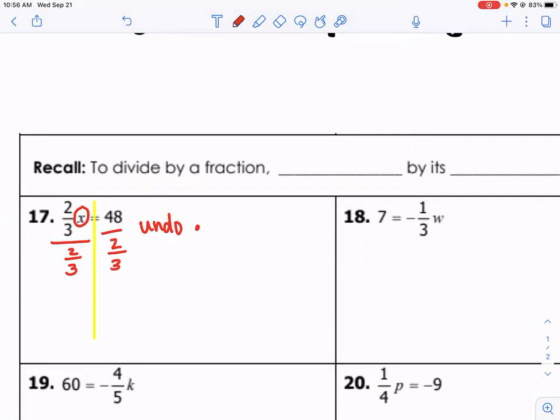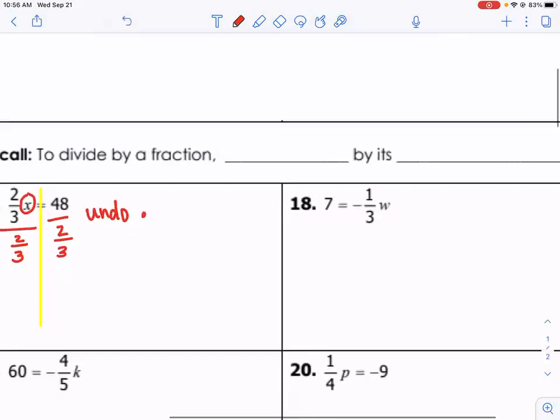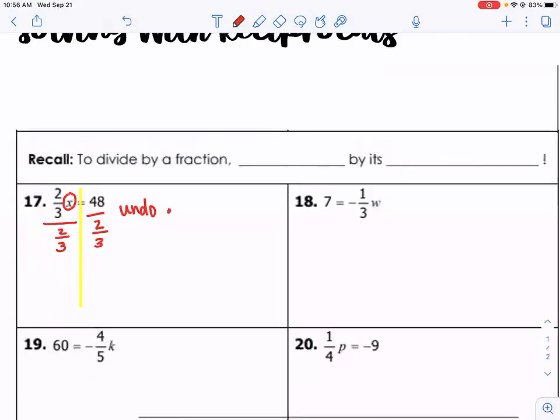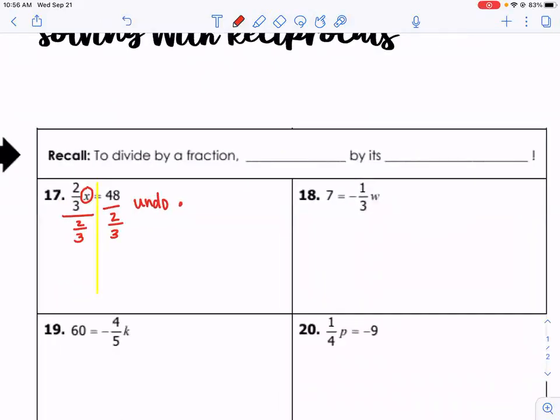What? I'm dividing both sides by a fraction? That's awful. Okay, so let's remember, dividing by a fraction is the same thing as multiplying by its reciprocal.